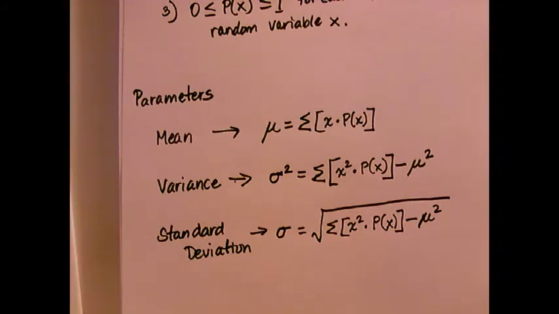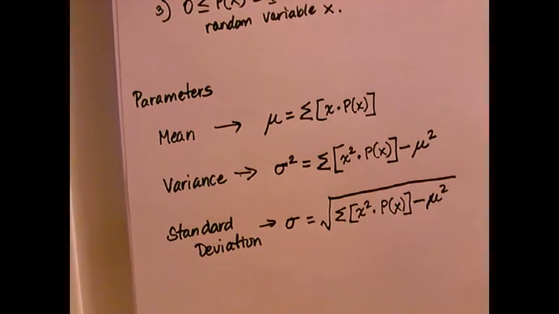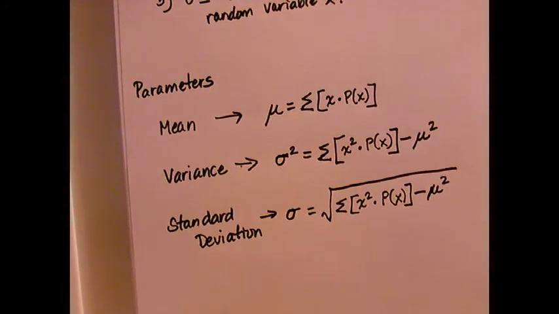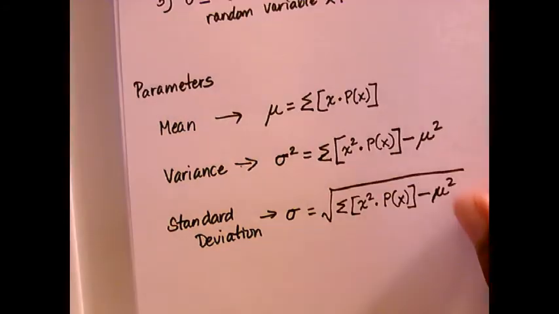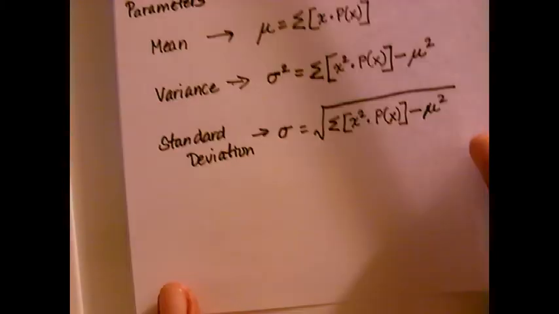And before we look at that, let's look at the round-off rule. The round-off rule is always going to be to one more decimal place than the number of decimal places for the random variable x.